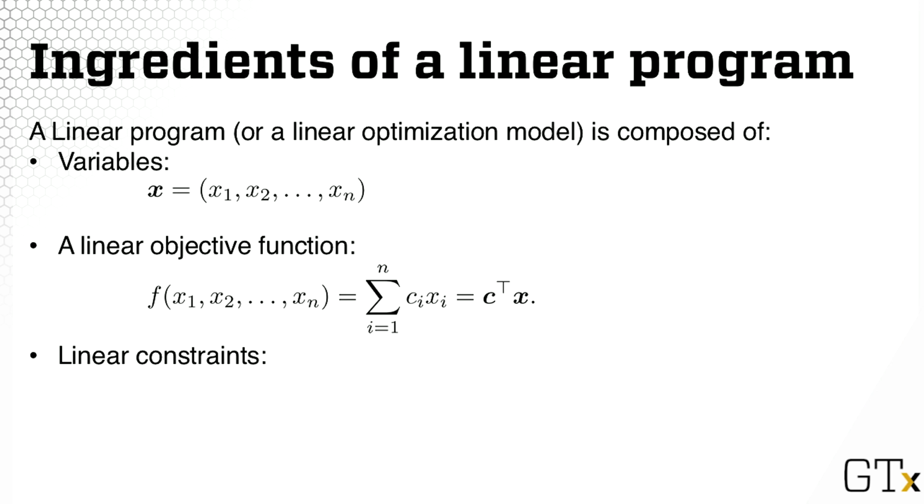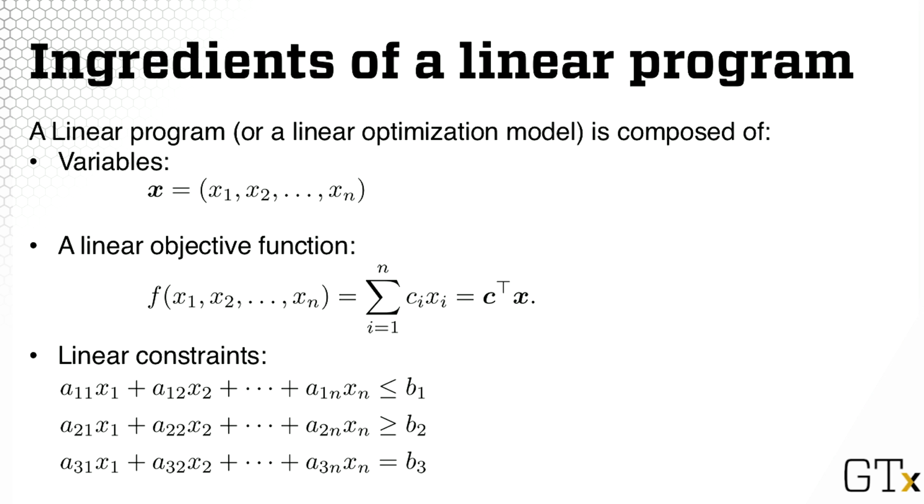For linear programming problems, we need linear constraints, and they come in three different orientations. First, they share a common feature, meaning the left-hand side of the linear constraints needs to be a linear function in the variables.